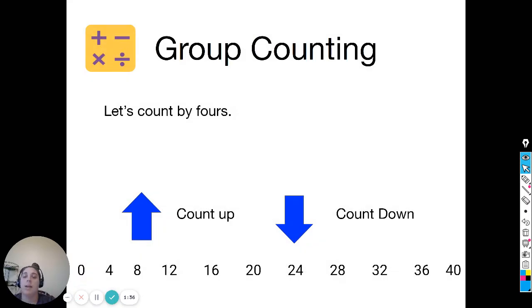Now we're going to go ahead and skip count by fours. Ready? 4, 8, 12, 16, 20, 24, 28, 32, 36, 40, back down, 36, 32, 28, 24, 20, 16, 12, 8, 4, 0.